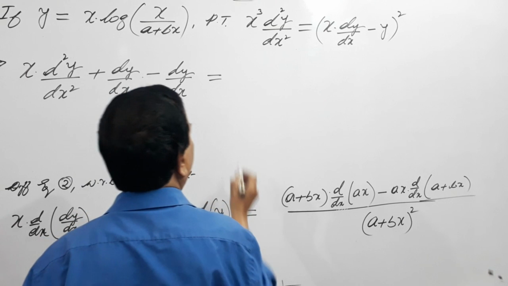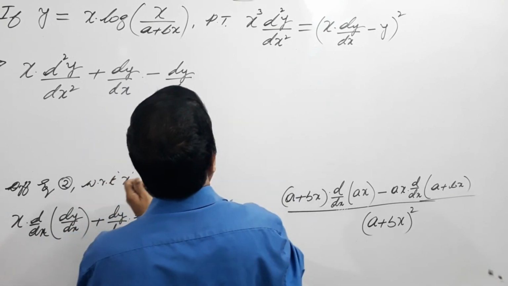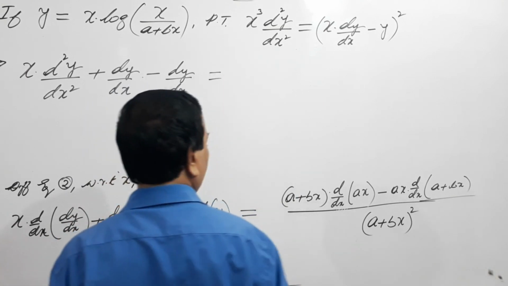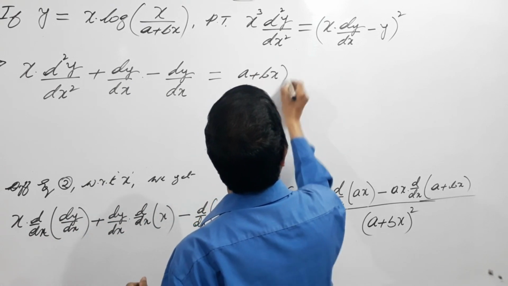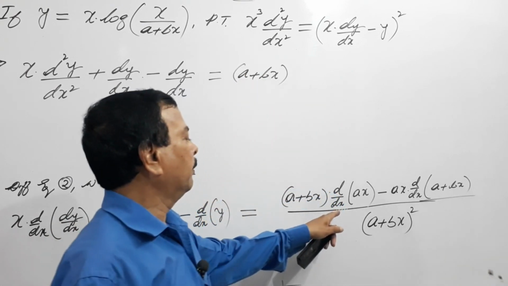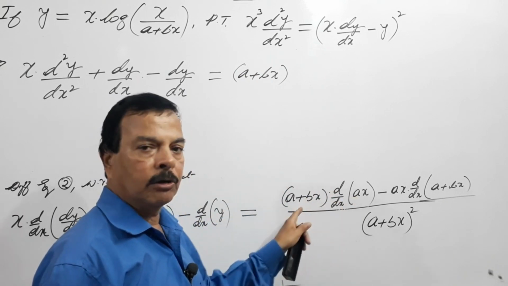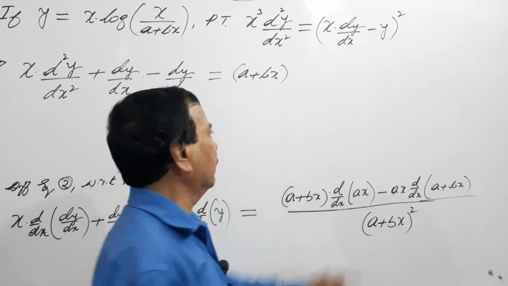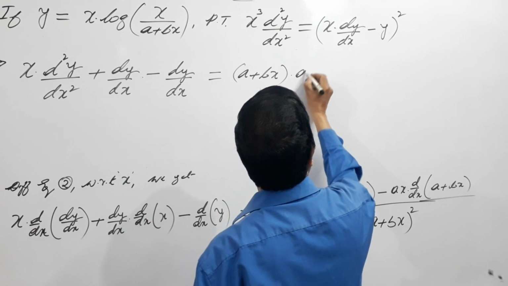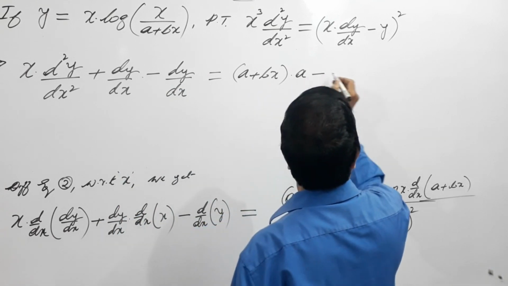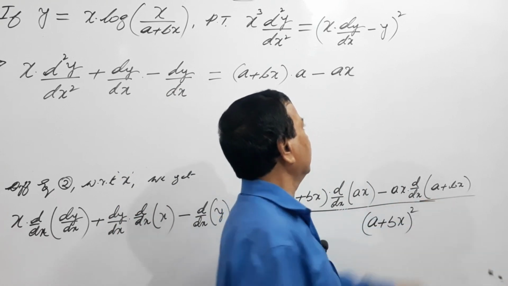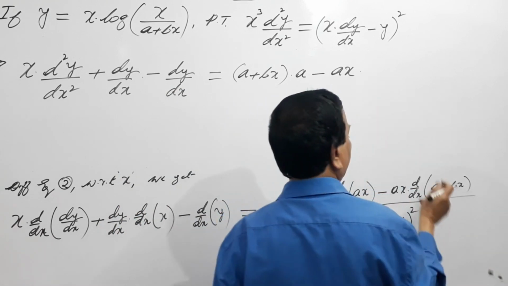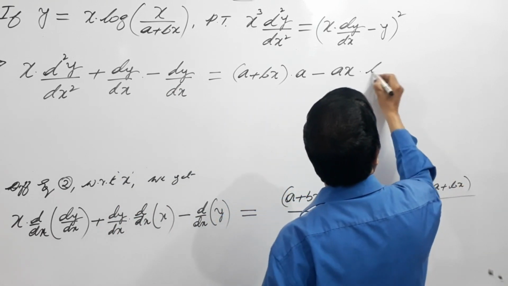On the right hand side we have a plus bx, d by dx of x. A is constant, I will take it outside, d by dx of x is 1, so into a minus ax. D by dx of this becomes what? Into b.